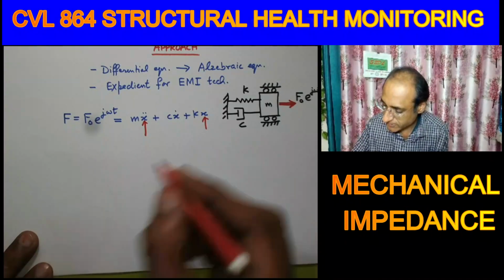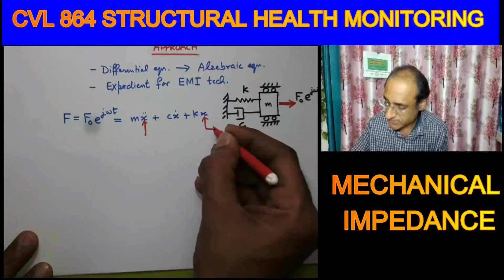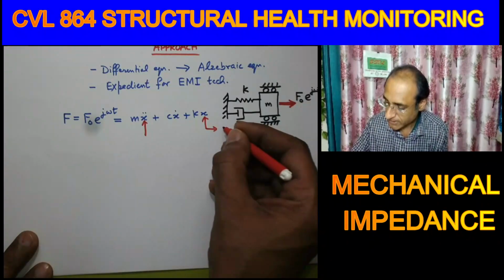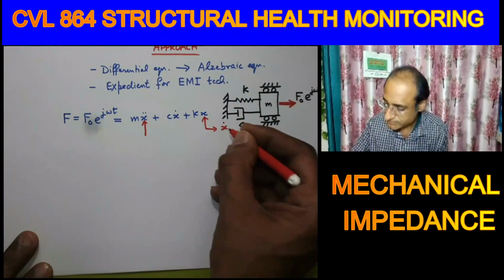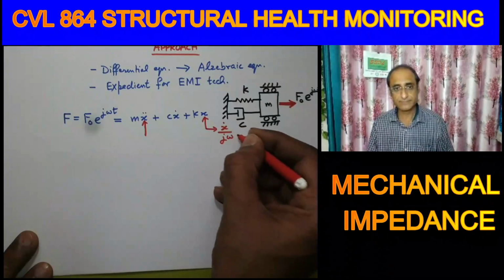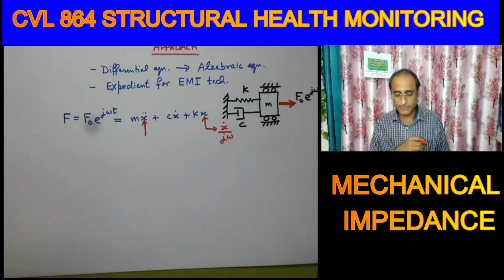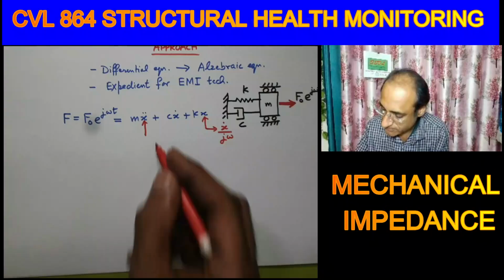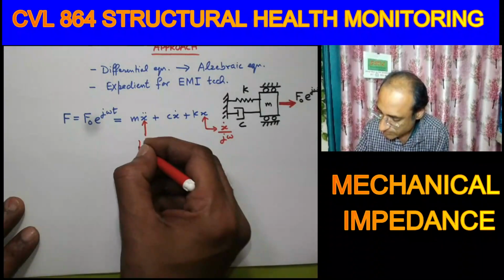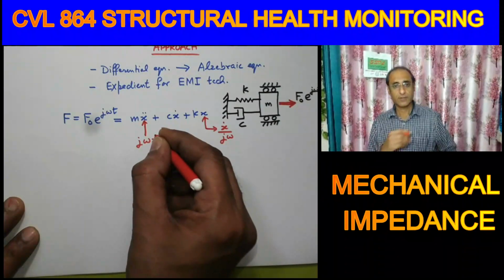If everything is harmonic, we can write the displacement as x dot by j omega. Right? Displacement can be written like this, and similarly your acceleration can be written as j omega x dot.